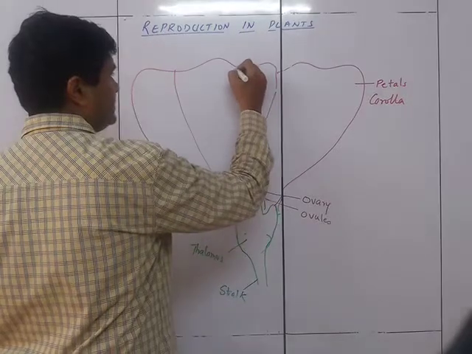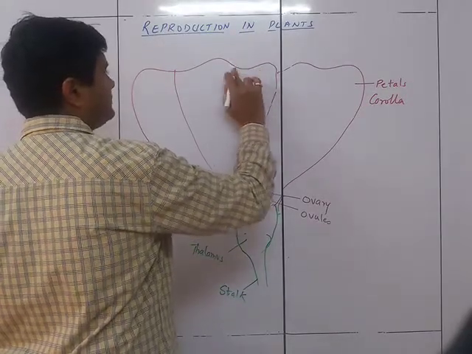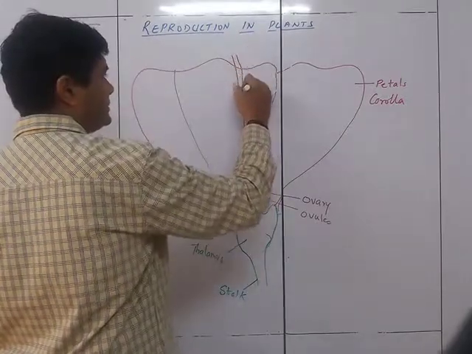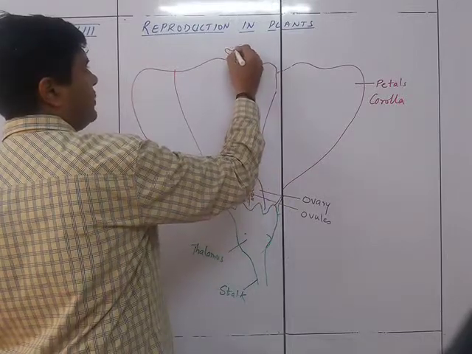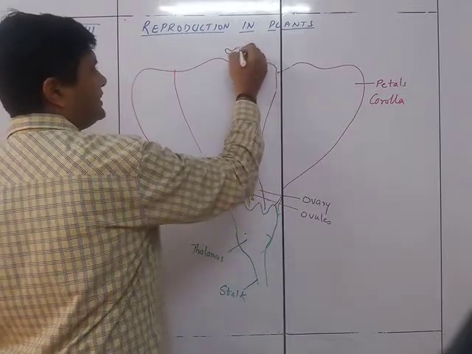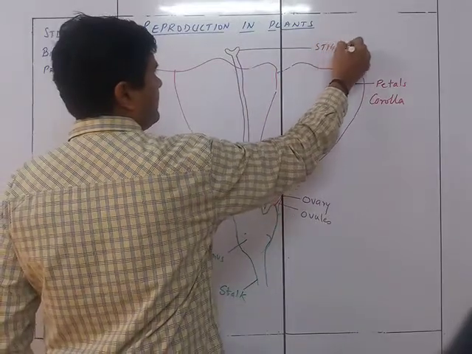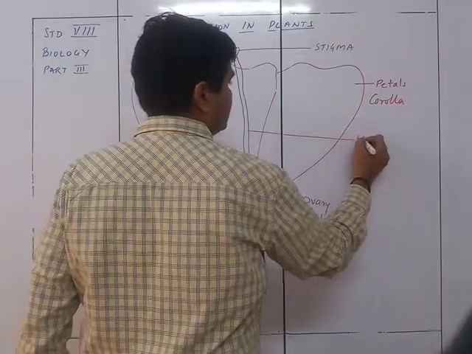And then over here is a tube-like structure, going upwards like this, which has a stigma on the top. This is called the stigma. This tube-like structure is called the style.